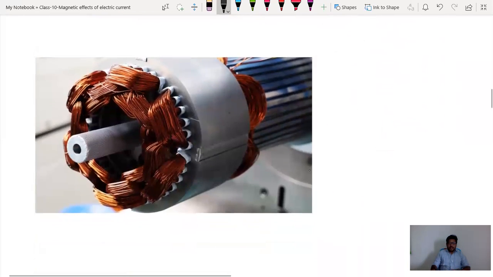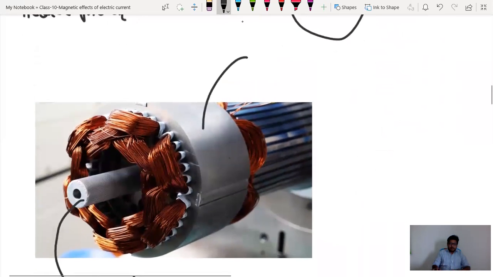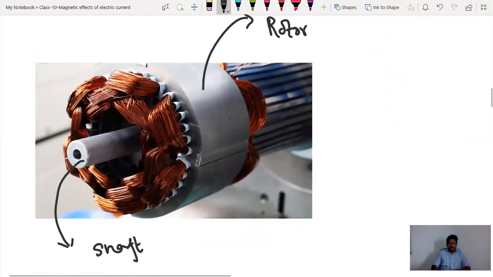If you observe this diagram, this is the shaft, isn't it? This is the shaft. This entire part is the rotor part. The total part will rotate inside the motor, and you can find these copper turnings.